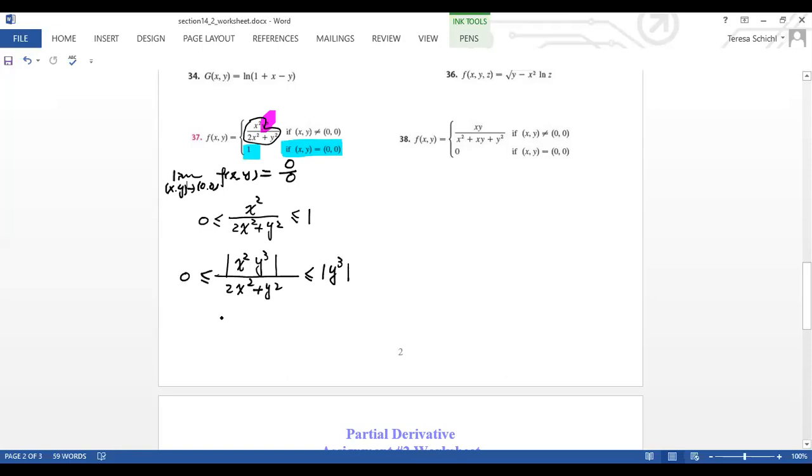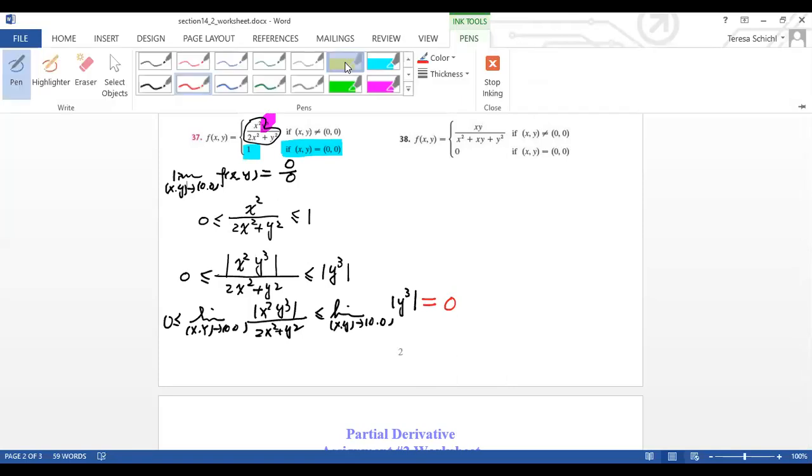Now let's try. The limit as xy approaches 0, 0 of x squared y cubed over 2x squared plus y squared is greater than or equal to 0, and this is bounded by the limit as xy approaches 0, 0 of the absolute value of y cubed. What is y cubed when y equals 0? It approaches 0.